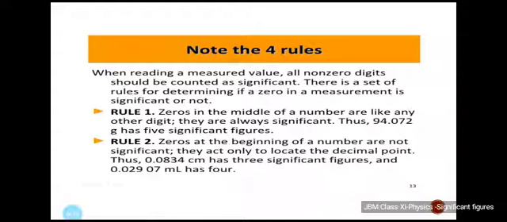A length 2.308 centimeter has 4 significant figures, but in different units the same value can be written as 0.02308 meter, like if you are converting from centimeter to meter, or suppose we are writing it as 23.08 millimeter, or we can write it as 23,080 micrometer.